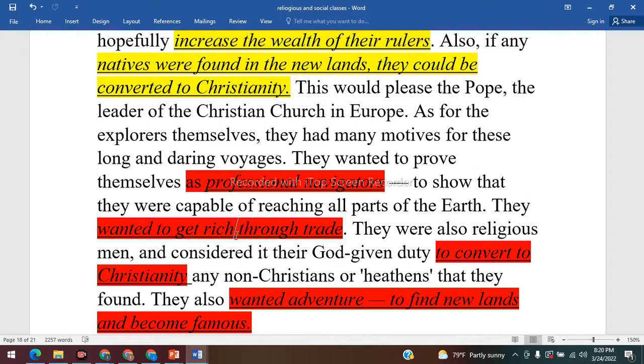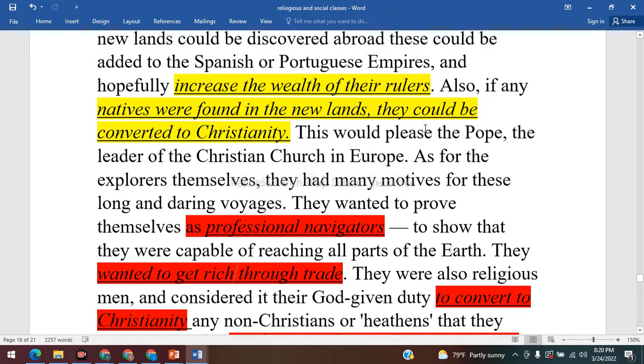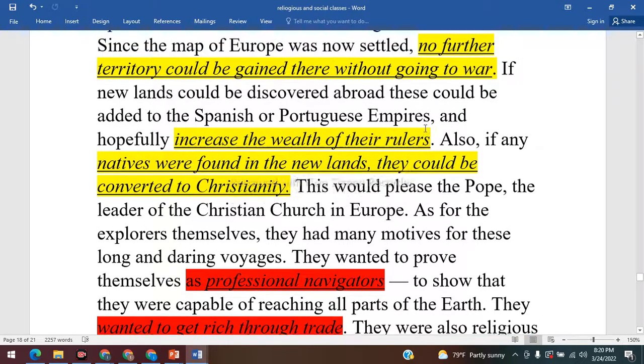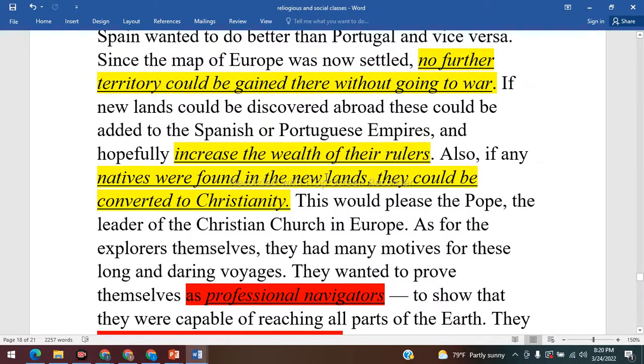So what would be your reason for exploration, if not these reasons? What would motivate you? Finding new lands, new places, new locations, getting richer. Get your nice little home on your island.